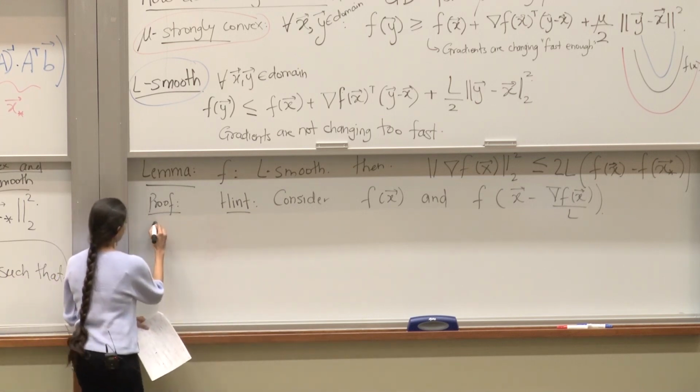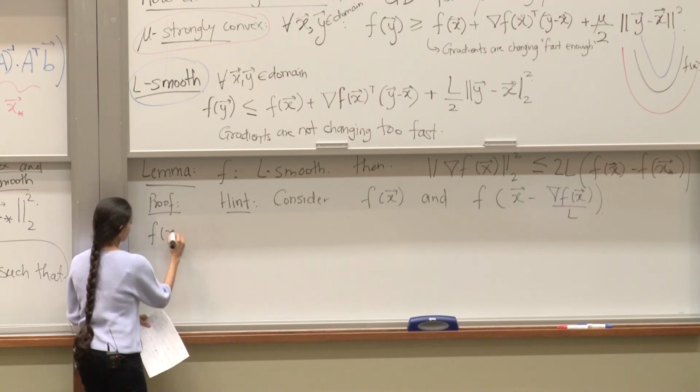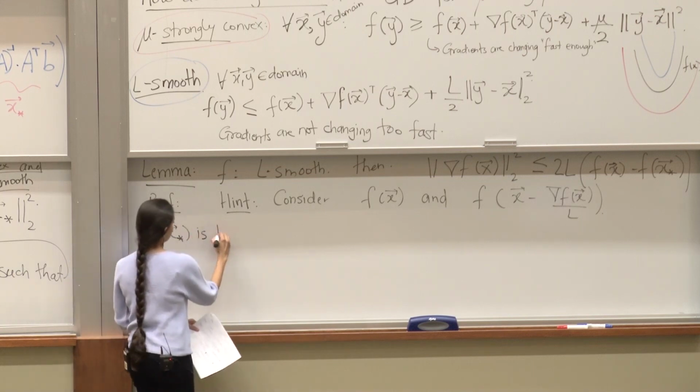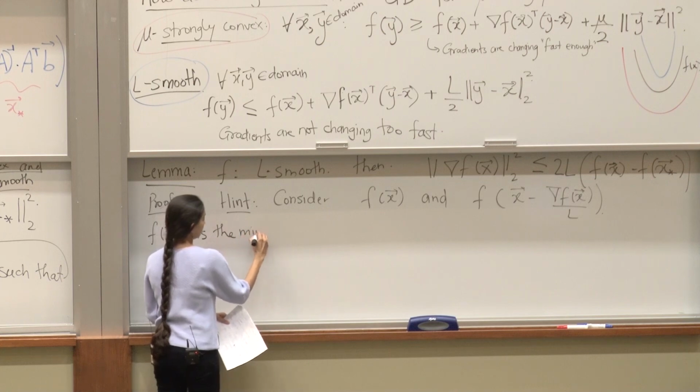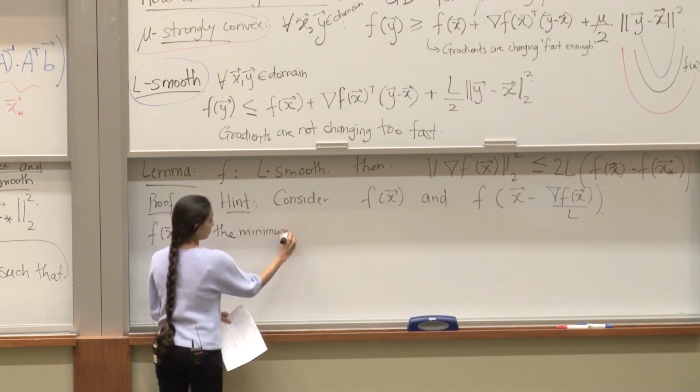We know here that f of x star is the minimum, right?